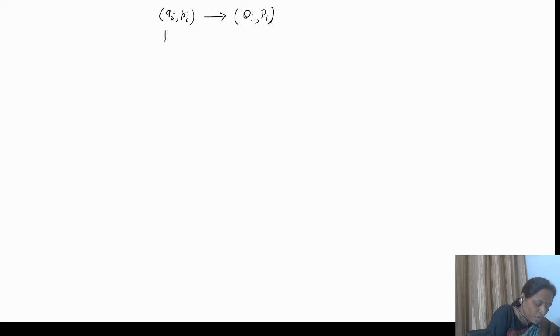If corresponding to old coordinates there exists a Hamiltonian H, right?